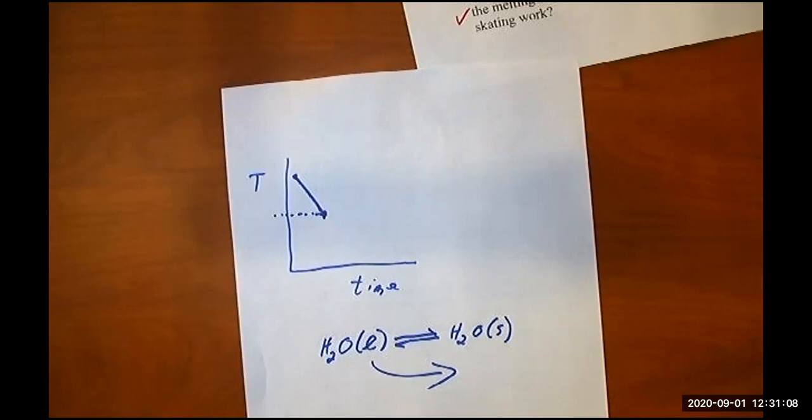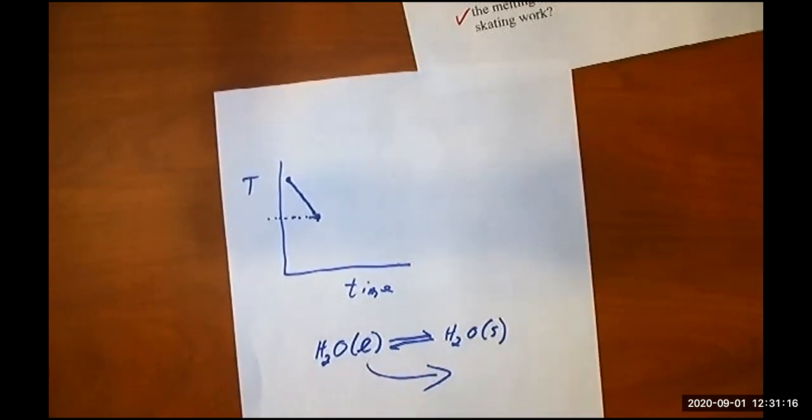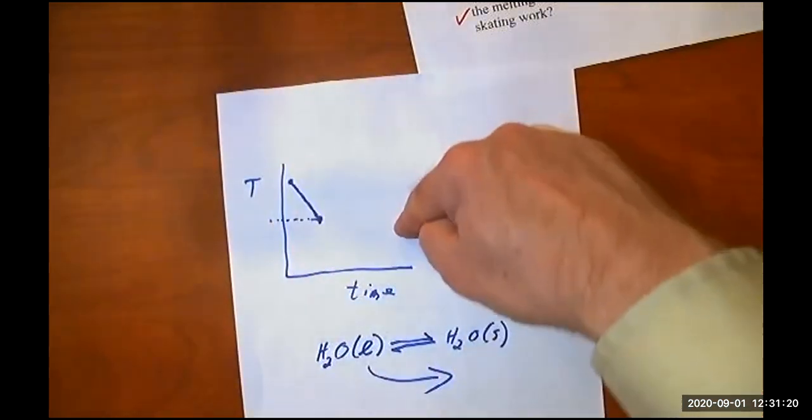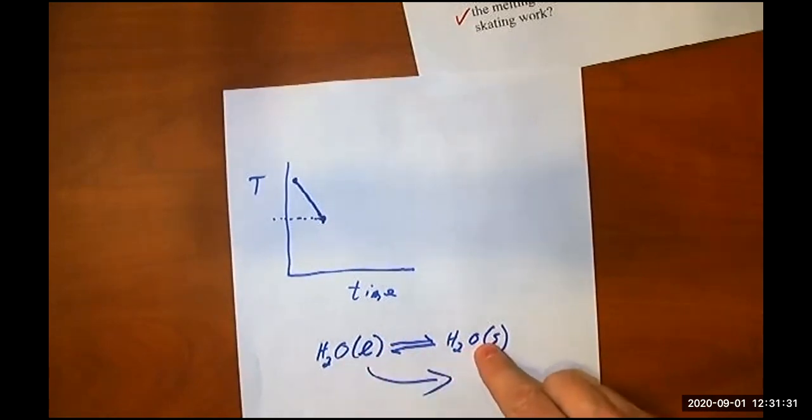It's being released. Okay? So while you are transitioning from liquid to solid, and you have the system set up in a way where you are constantly taking out a certain amount of heat per unit time, then the amount of heat that's being released is coming from the phase transition, not from a change of temperature.